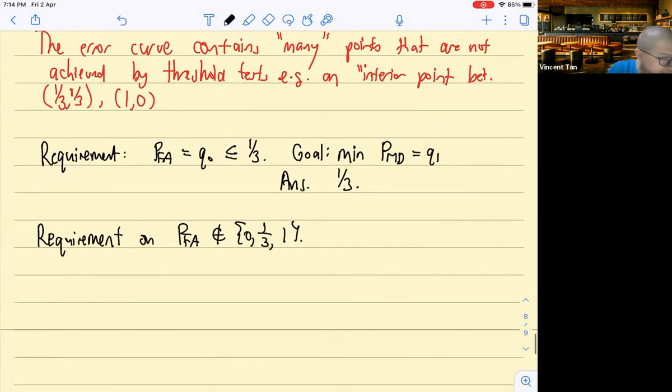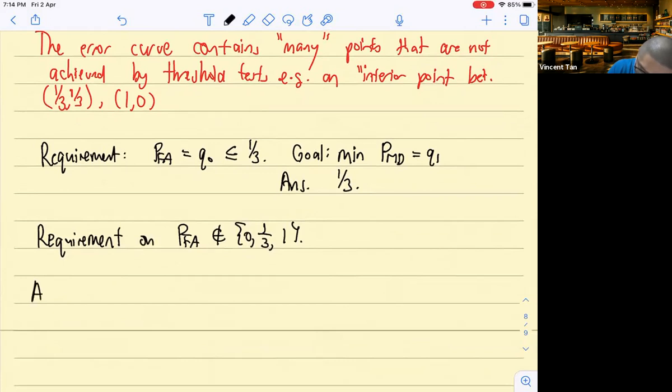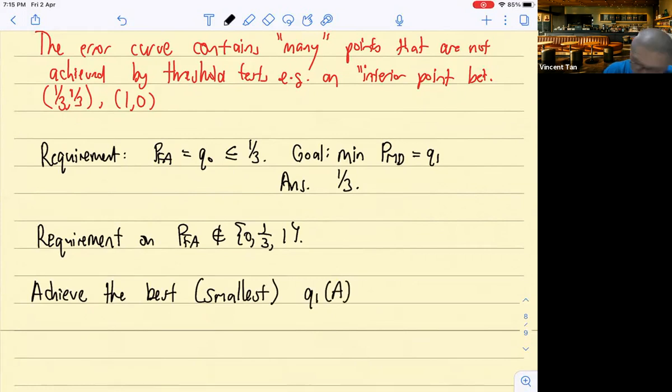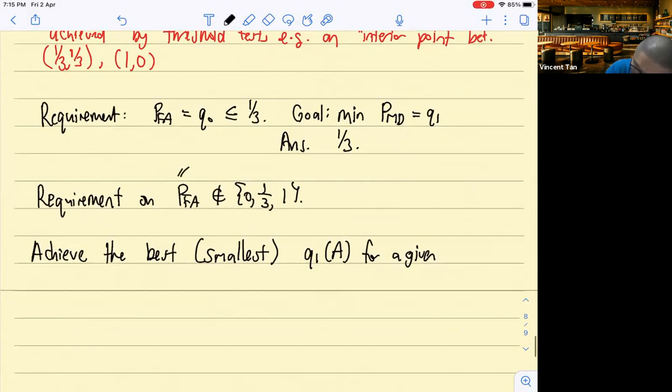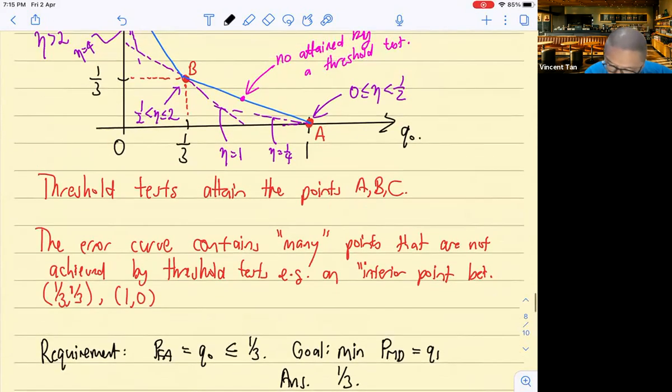Nevertheless, we want to achieve the best, which is the smallest probability of misdetection, which is Q1A, for a given probability of false alarm, which is this Q0A, over all possible tests that are, say, less than or equal to half. So if less than or equal to half, say your boss tells you probably your false alarm can be less than or equal to half.